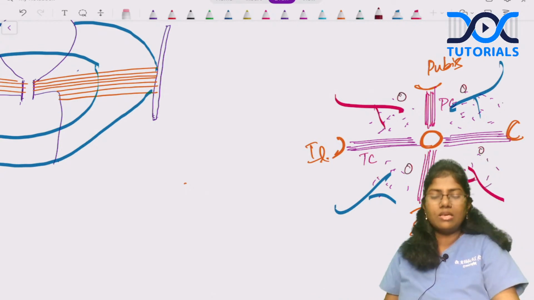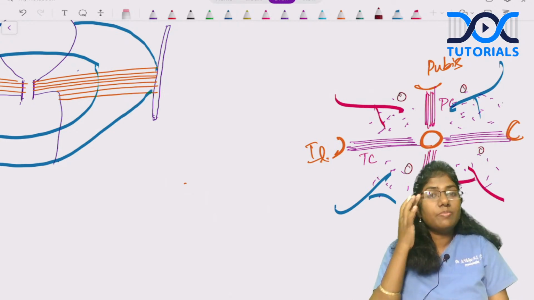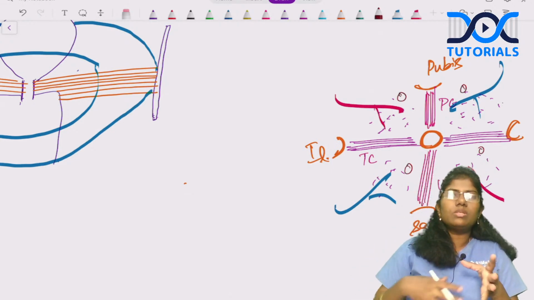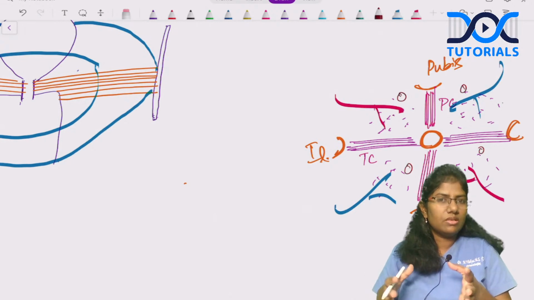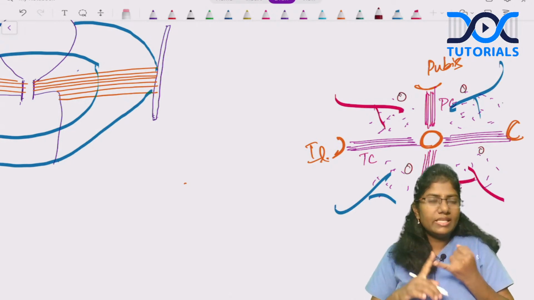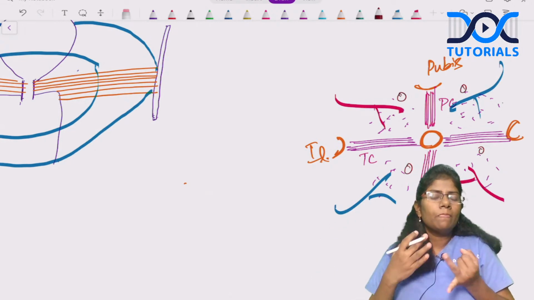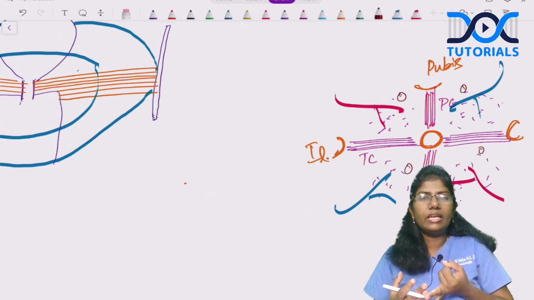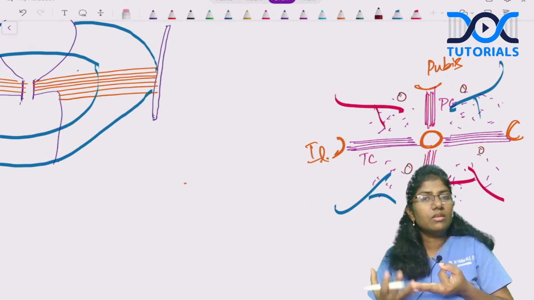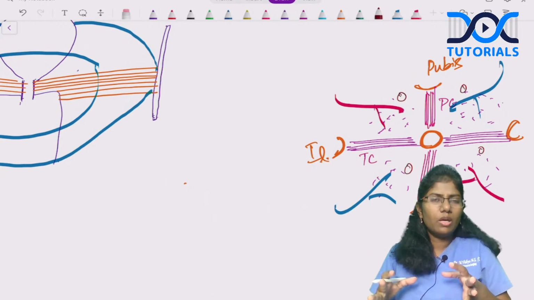Together I call this parametrium. So what do I call parametrium? The tissue that surrounds the cervix, which includes the various ligaments and the connective tissue, which again includes the blood vessels, the lymphatics, the nodes. All these together make what?